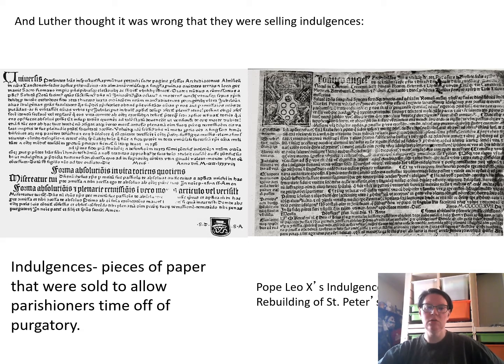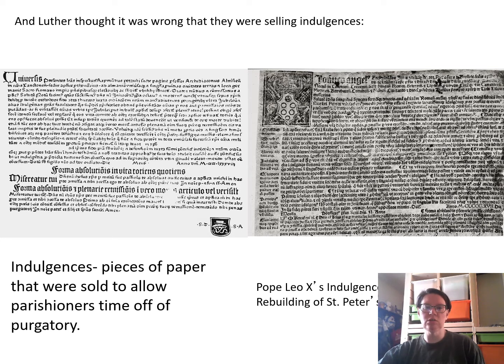And so Martin Luther nails his 95 theses to the front of the Catholic Church in Germany and says, if you want me to come back, you're going to have to fix this stuff. That act caused the Protestant Reformation.